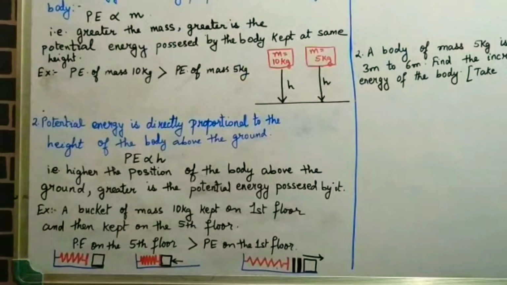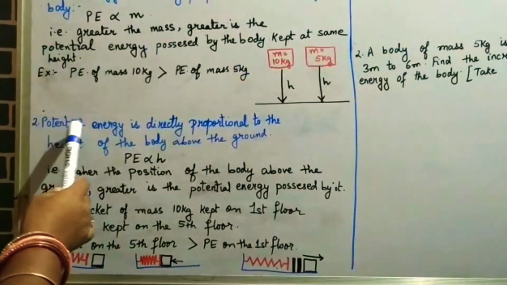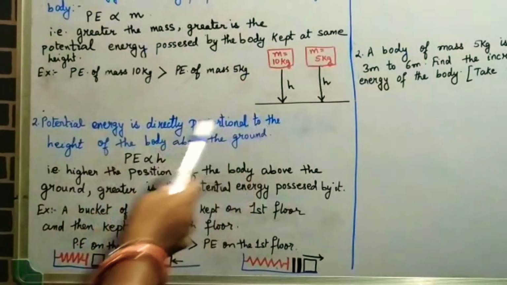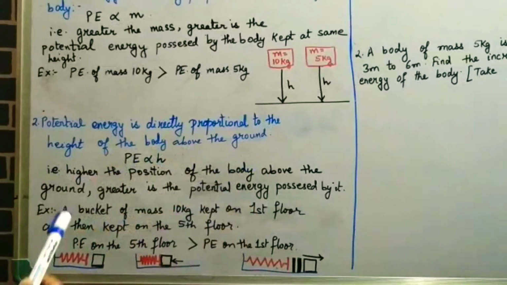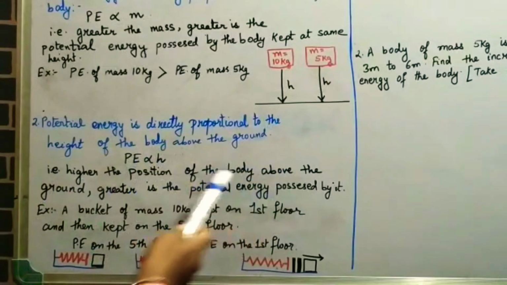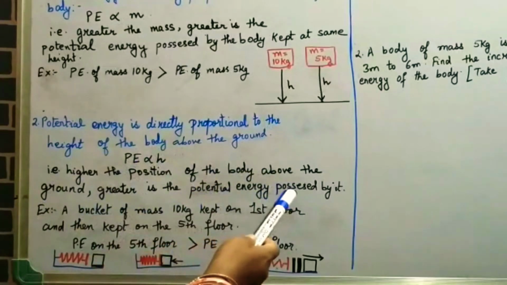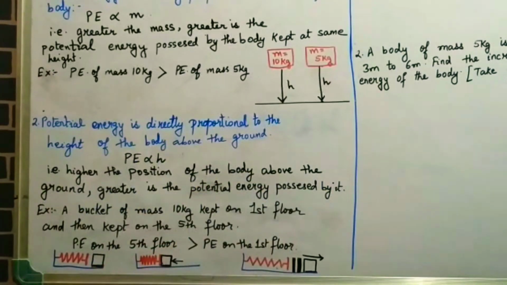The second factor affecting potential energy is the height: it is directly proportional to the height of the body above the ground. That is, higher the position of the body above the ground, greater is the potential energy possessed by it. Say for example, we keep a bucket of mass 10 kg on the first floor, and then the same bucket is kept at the 5th floor.